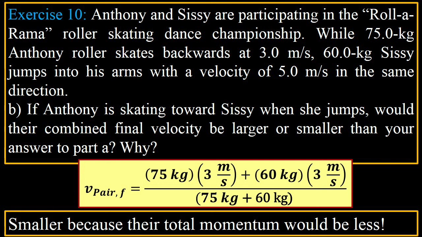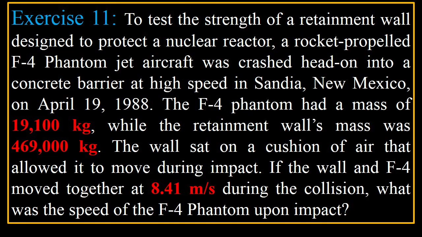Even though Anthony's body is orientated backwards, it's the initial direction, so the 3 meters per second is going to be positive. If he's going in the opposite direction, it would be negative. So the left term in the numerator would be negative, the entire numerator would be less, and the velocity of the pair would be smaller, because the total momentum would be less.